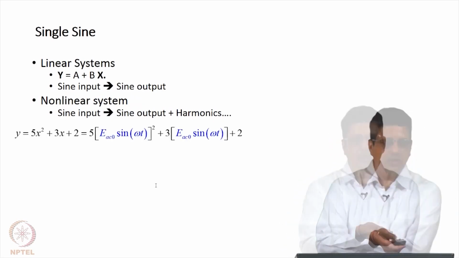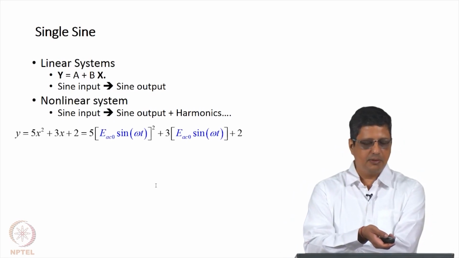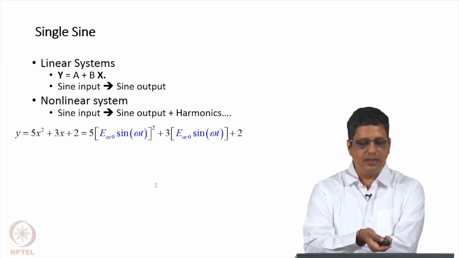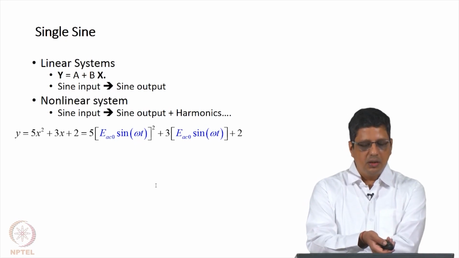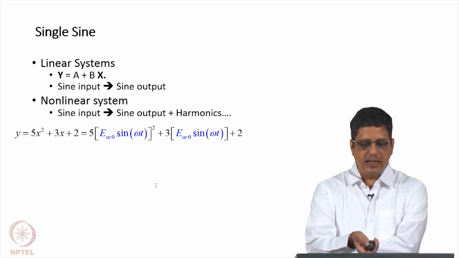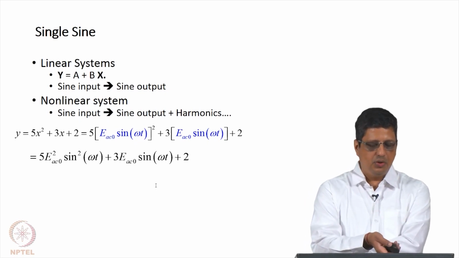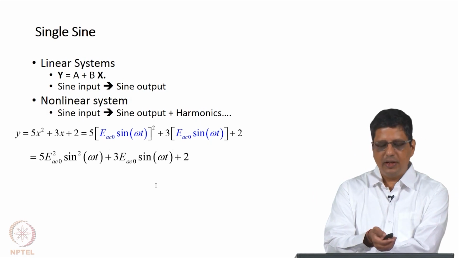So, as an example, look at this equation, y equal to 5x square plus 3x plus 2, and let us substitute the sinusoidal wave as EAC0 sin omega t, that is what we normally use for the potential sine wave. You get 5x square plus 3x plus 2, and you can expand it, you are going to get 5 EAC square sin square omega t, it is very straightforward.